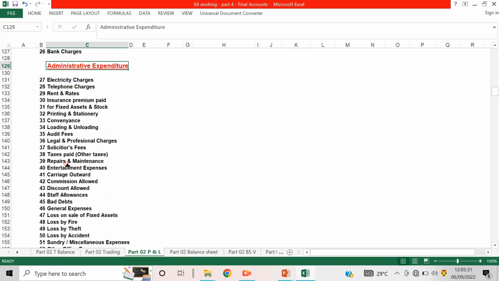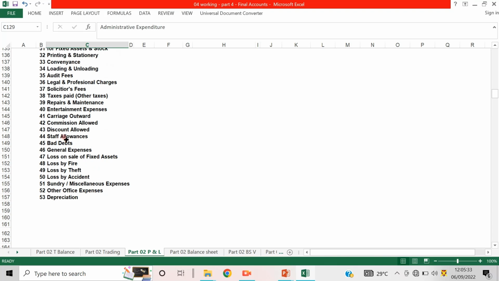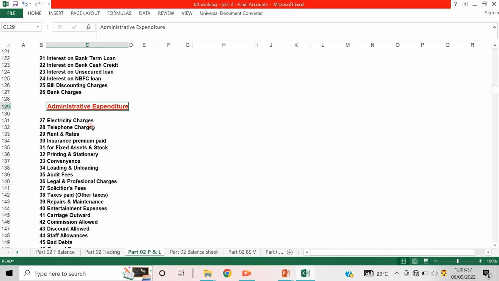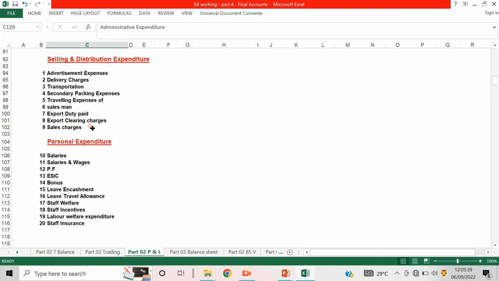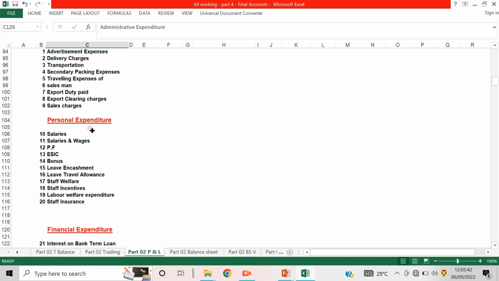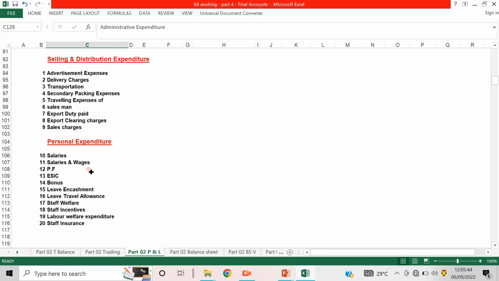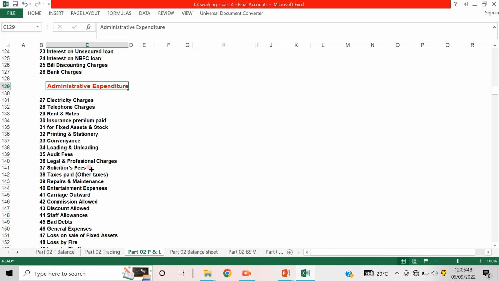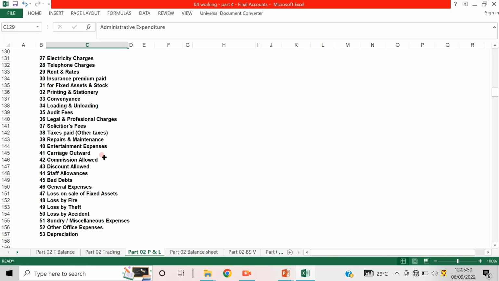Then administrative expenditure. This is a lengthy list, so you can just see this one by one. Selling and distribution expenditure, you can take this, and then scroll down and see that, so you can understand better.